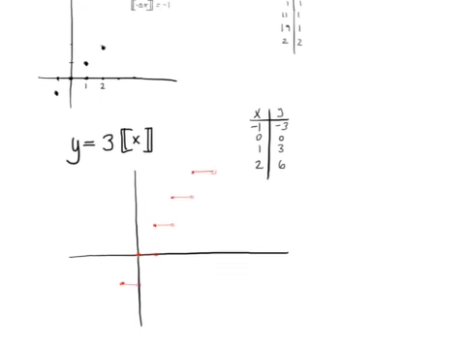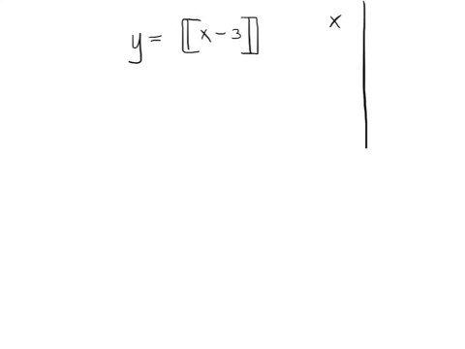Something like y equals greatest integer function of x minus 3. This is going to be a straightforward shift to the right by 3. But even so, we can do the same deal.